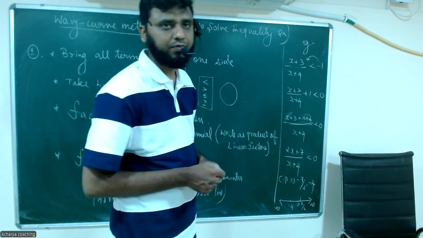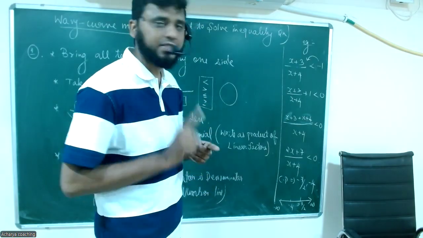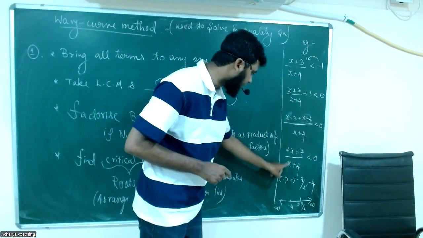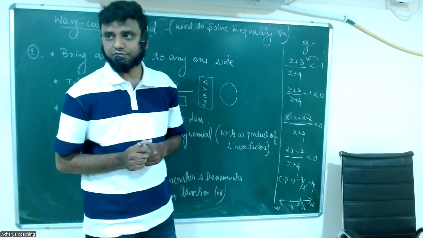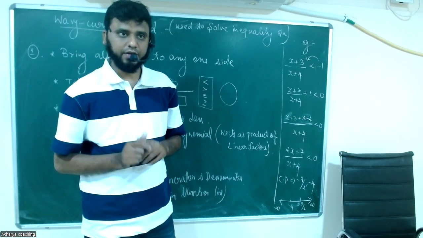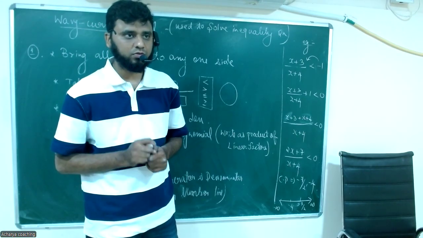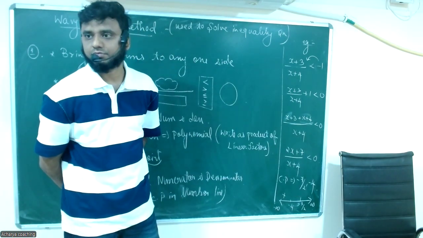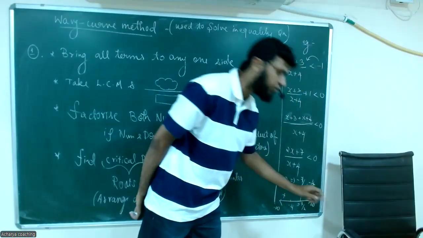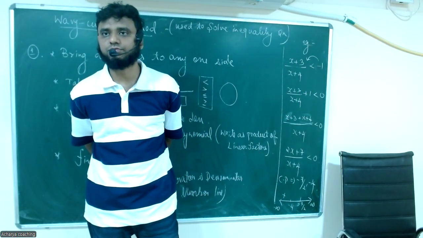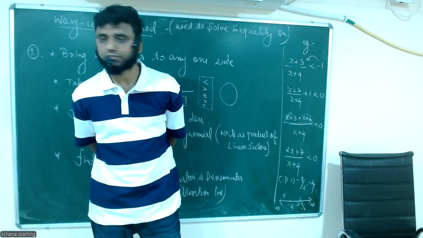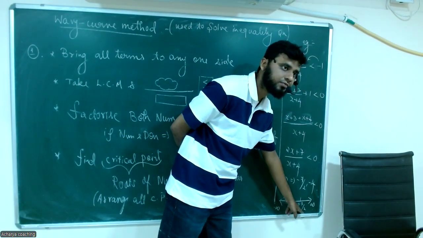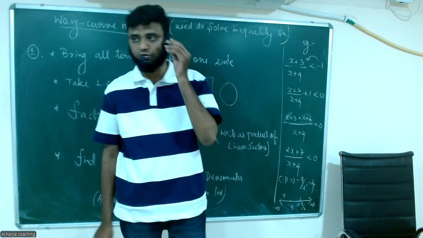2 into -5, -10. -10 plus 7, negative. Clear? So numerator negative, denominator -5 plus 4, negative. Negative by negative. So you have to write plus here. Clear? So next, -4 to -7/2, take any one value. -3 cannot be taken. So this is -3.5, right? So -3.5 and -4 we have.